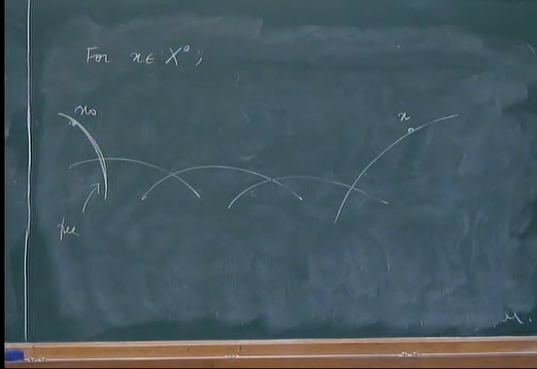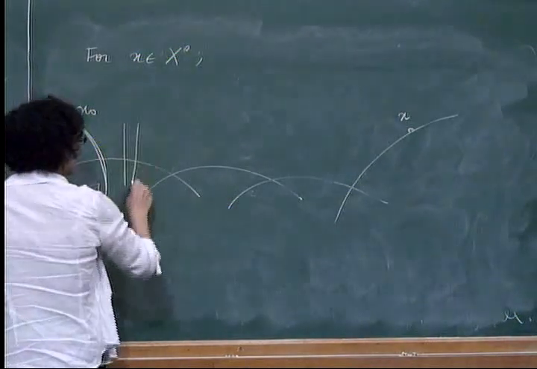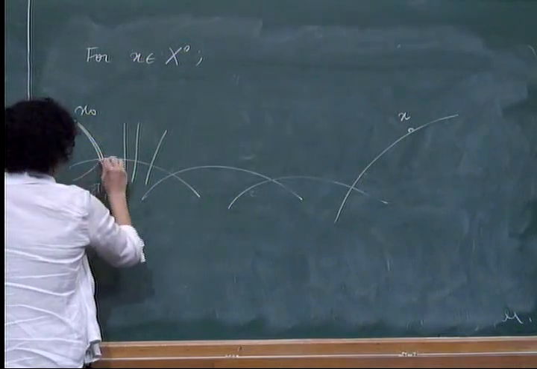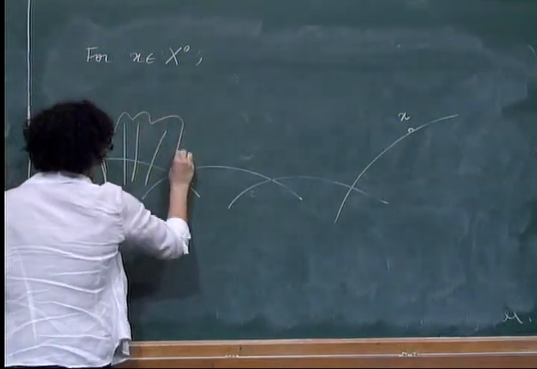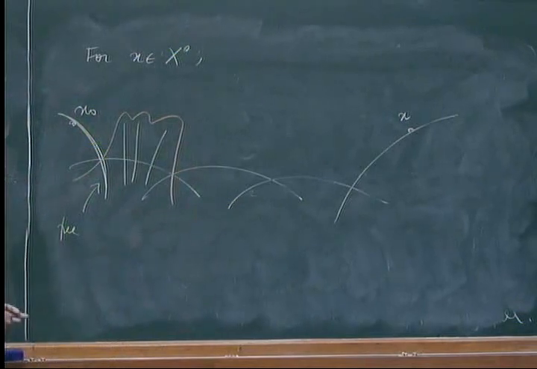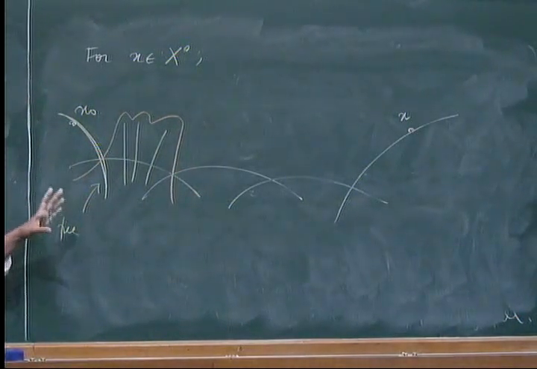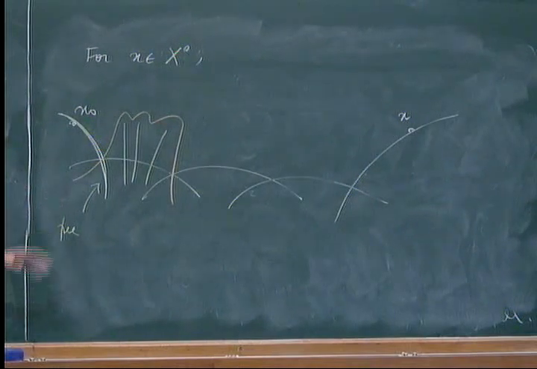And now we do exactly the same thing we did in the last proof. We attach free curves and deform this union, keeping these 2 points fixed, to produce a chain of free curves connecting x naught and x.